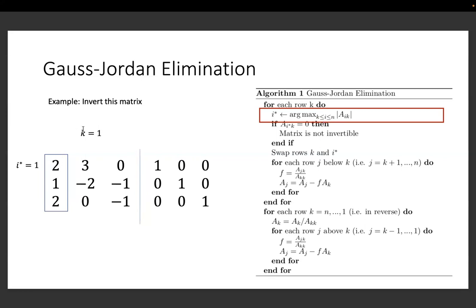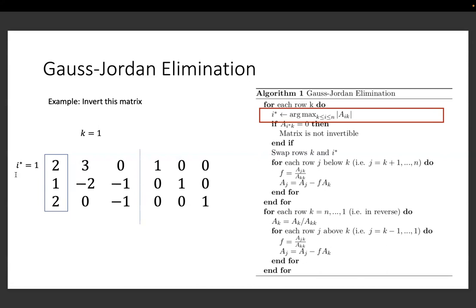Because k is equal to 1, we want to find the maximum absolute value in column 1, which can be the first row or the third row, but it doesn't matter, you can choose one of them. In this case, I choose the first row as the maximum value that we have in the first column.